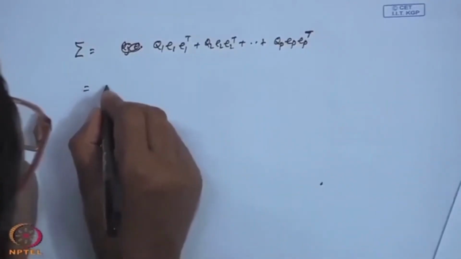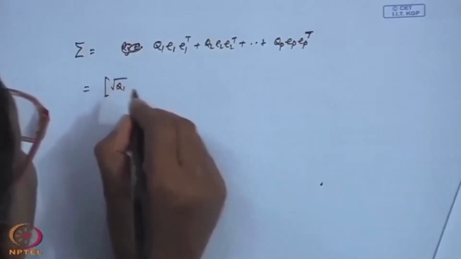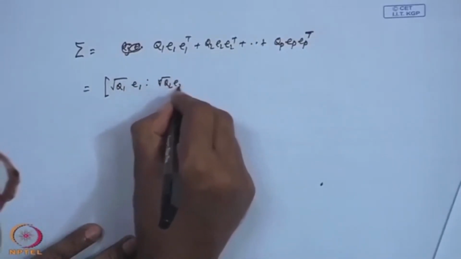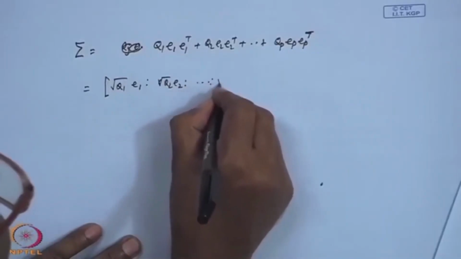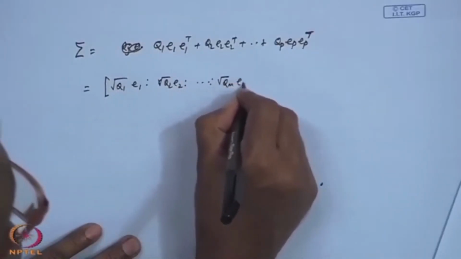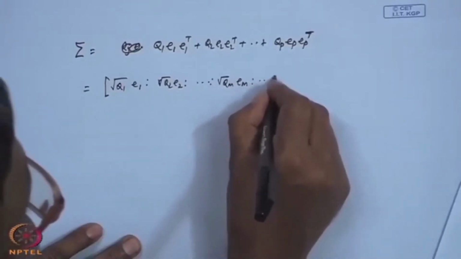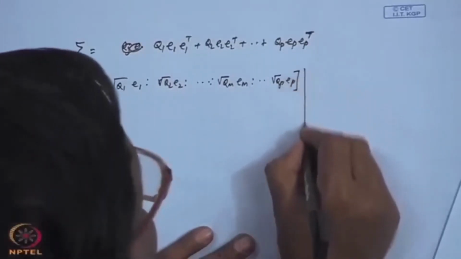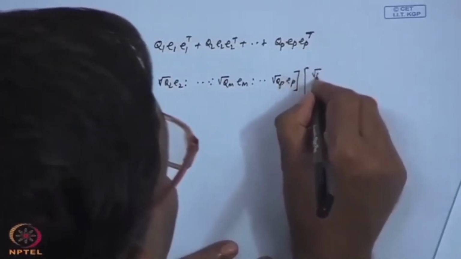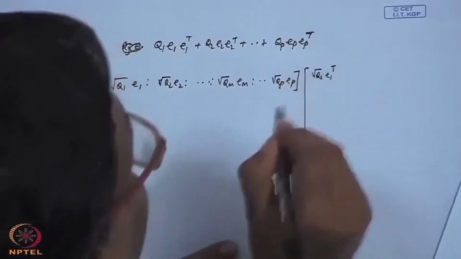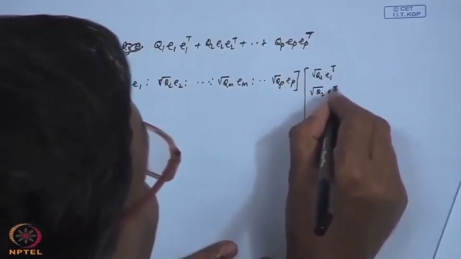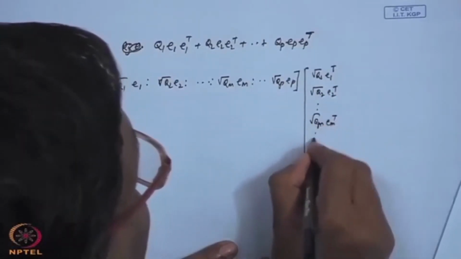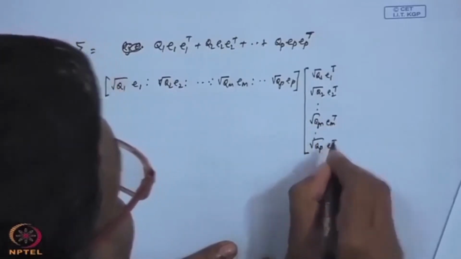Similarly, this can be written as the matrix with columns root Q1 E1, root Q2 E2, up to root Qm Em, then root Qp Ep, multiplied by the matrix with rows root Q1 E1 transpose, root Q2 E2 transpose, like root Qm Em transpose, root Qp Ep transpose.